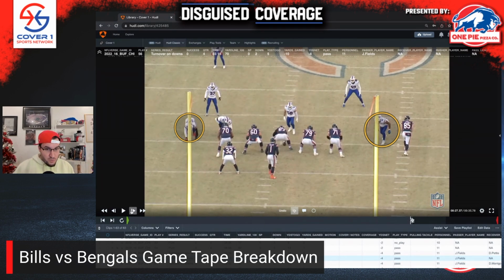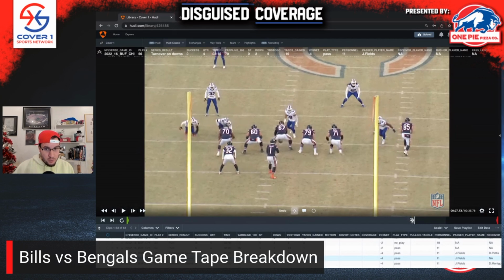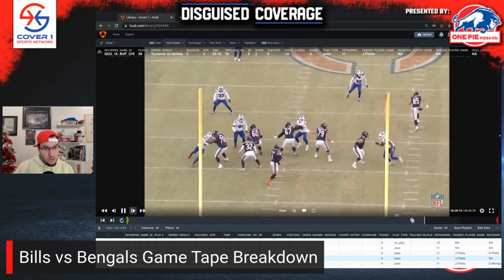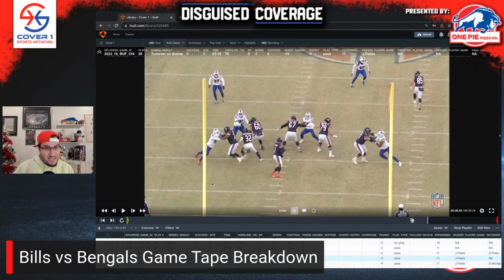But the highlight here, we'll watch AJ Epenesa on the line first. Watch the quick get-off. The snap has happened and he's already out of his stance and attacking. The offensive linemen on the right side aren't even out of their stance yet, and Epenesa is already crossing the line of scrimmage. It's one of his strengths. Watch him get upfield. Look at the lean. He gets in that lean and gets the extension.